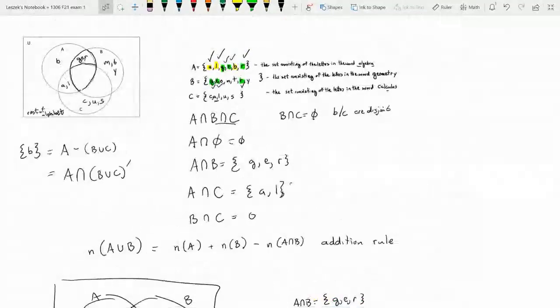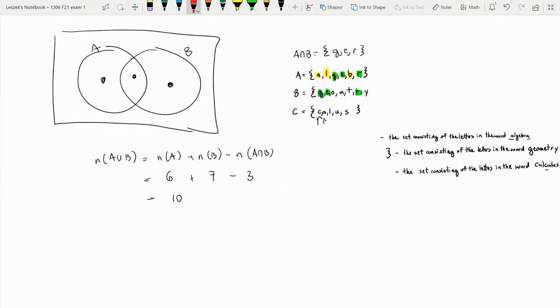Of course, we could have just counted, right? So if we go to the Venn diagram we created, if you want to count things that are in either A or B, you say 1, 2, 3, 4, 5, 6, 7, 8, 9. B. How many things in B? 7, 6.